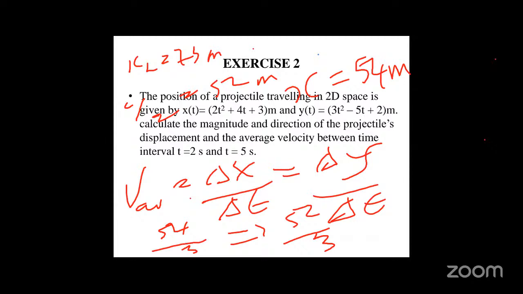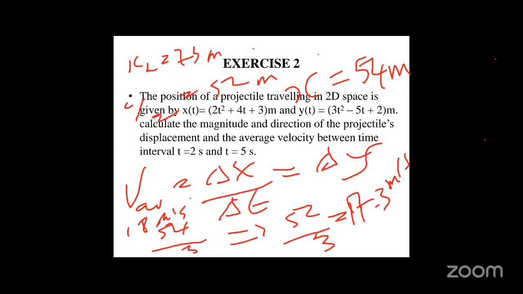So 54 over 3 gives 18 meters per second, and 52 over 3 is 17.3 meters per second.